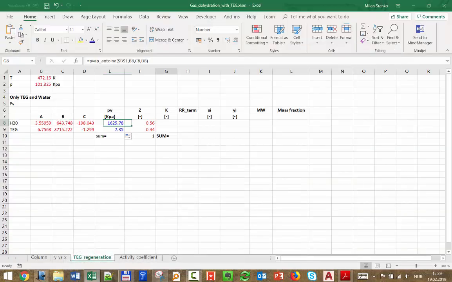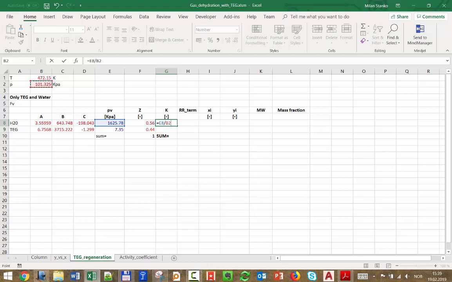Now the K factor will be the vapor pressure divided by the pressure that I have, and the pressure I have to block it. Okay, 16 and then 0.73. Remember then what I did? I had this function which was the Rachford-Rice.